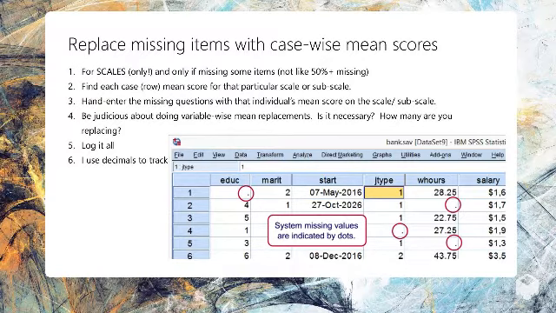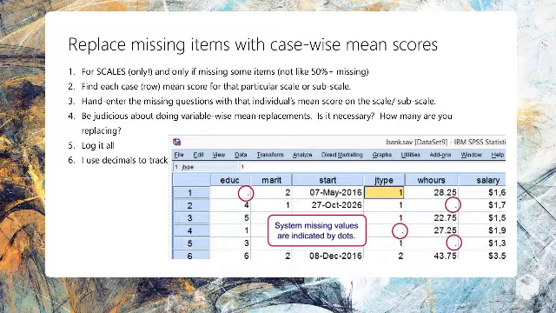You need to have that specific level of reporting. I have a little trick for this, because once you replace the mean score and hand enter it, you really can't know from the SPSS data which ones were originally missing and which ones were the original true data.